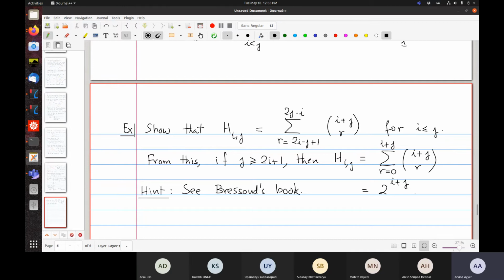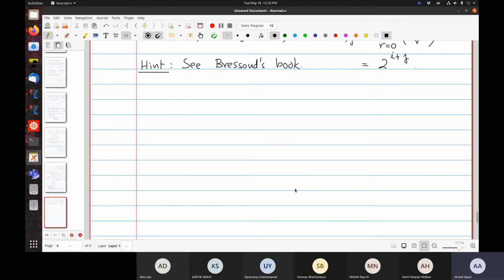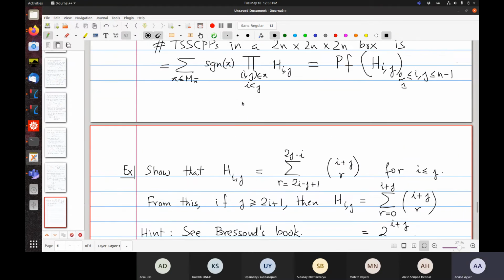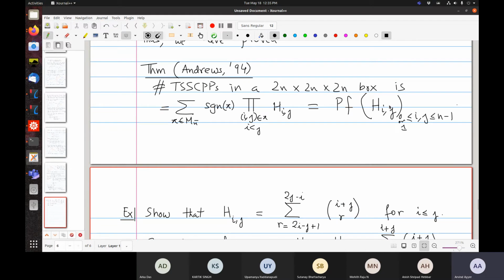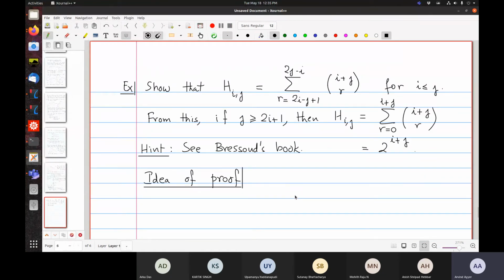Oh, yeah. So I want to say a little bit about the proof. So the idea of the proof. You see that the entries are quite complicated. So evaluating the Pfaffian is more or less evaluating the determinant. But the entries are highly complicated binomial sums, and it's not easy to prove.